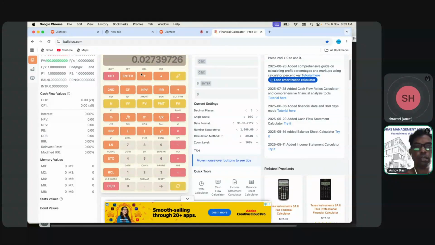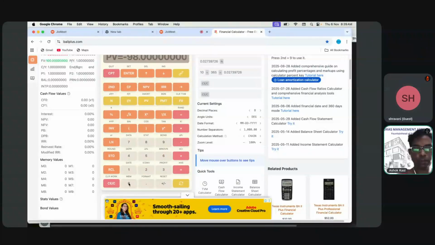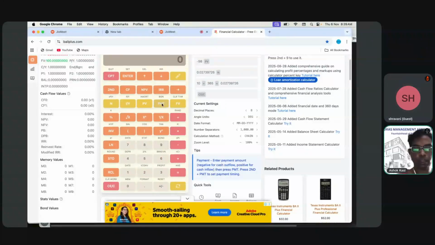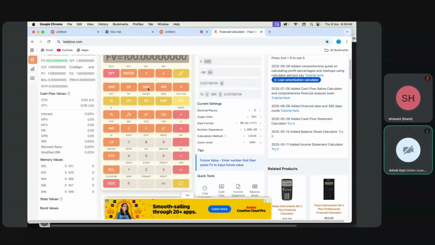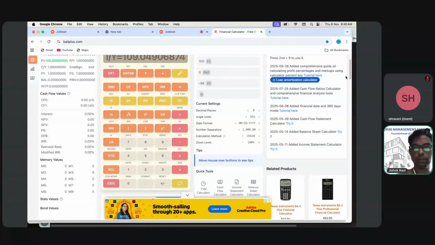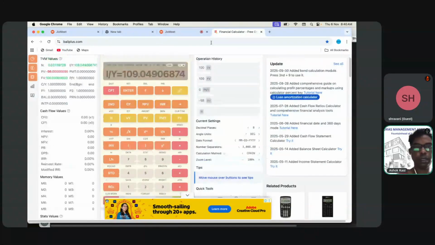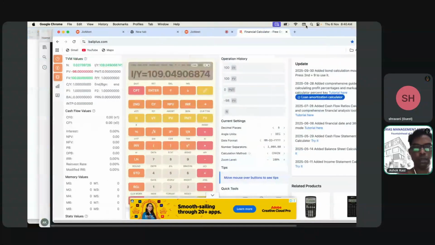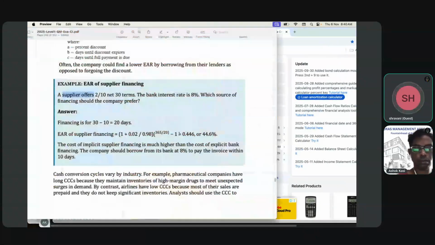Then present value 98. Then 0 is the payment. Then 100 is the future value. Compute I/Y. 109. 109. Yeah, that's what I was thinking.